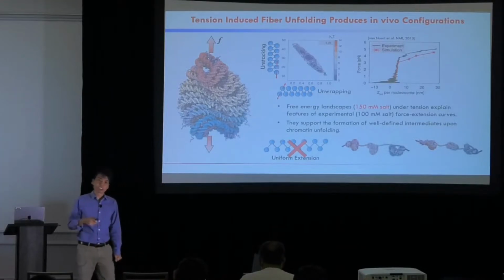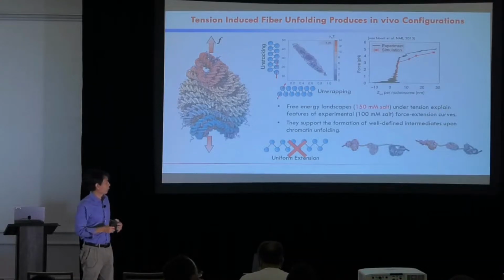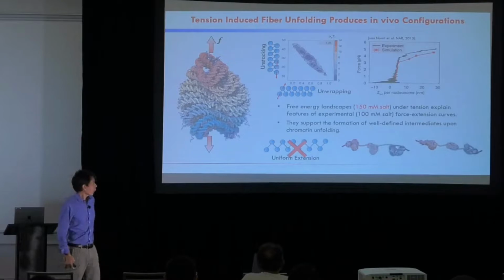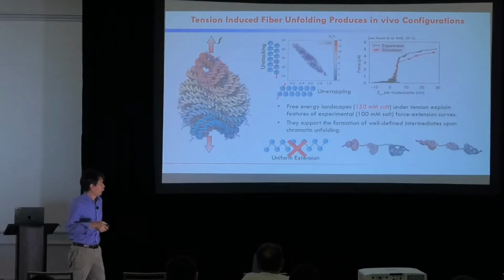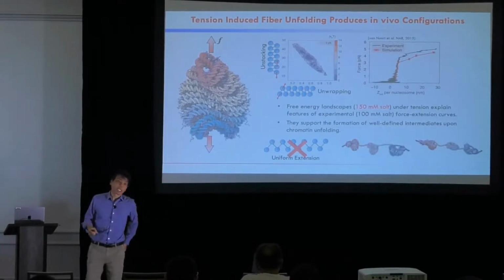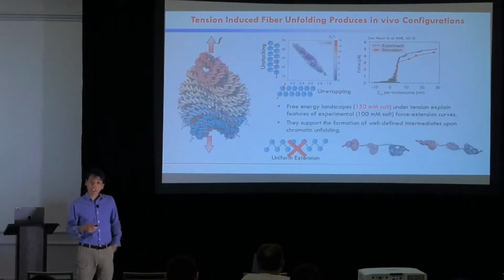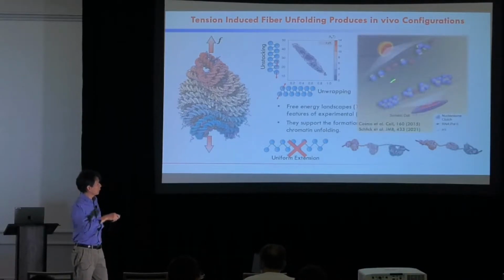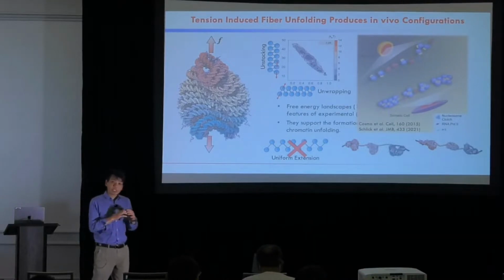Instead, we found that the chromatin tends to break into small clusters, and those small cluster structures are quite similar to what we found in the tetranucleosome simulation. Now, these structures are very exciting because recently many labs use super resolution imaging to look at the nucleosome structure in the nucleus, and they reported that the chromatin in vivo indeed forms those kinds of nucleosome clutches.